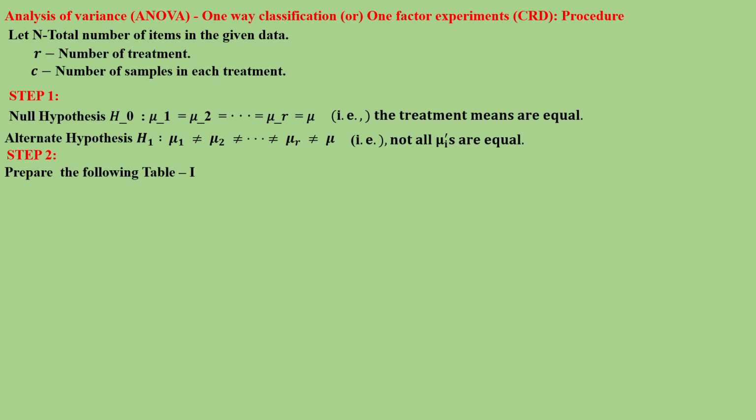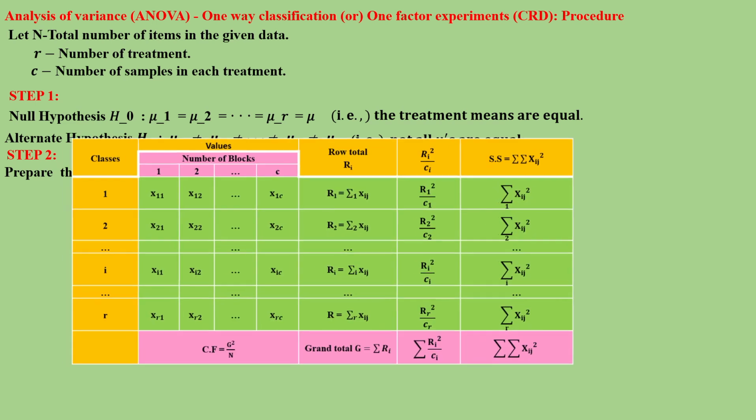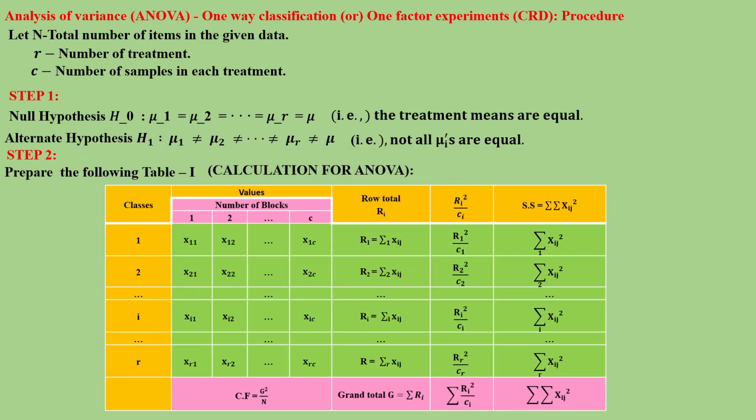Step 2: prepare the following table, the calculation for ANOVA. First write the class, then the values, the number of blocks, then the given data x11, x12, and so on. Then do the row totals: first row total, second row total, R1, R2, R3, and sum all of those up, and you will get the grand total G, summation Ri.